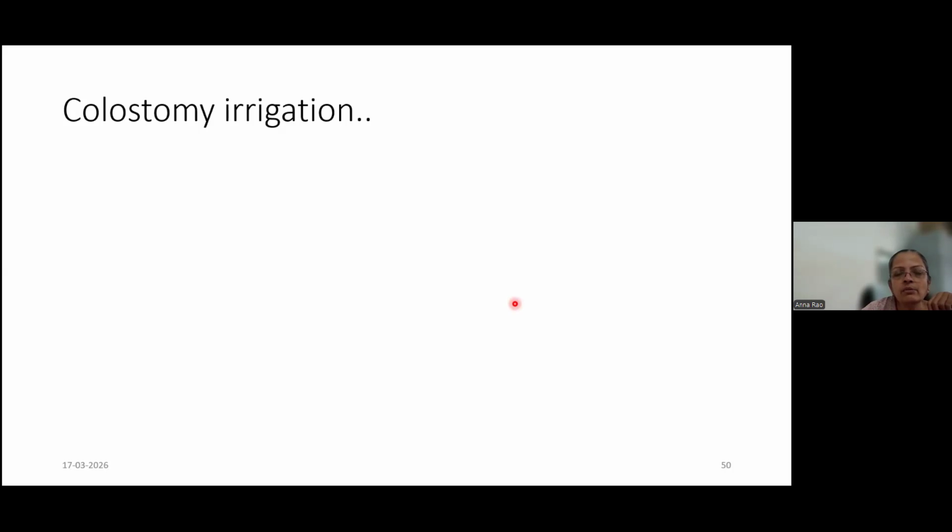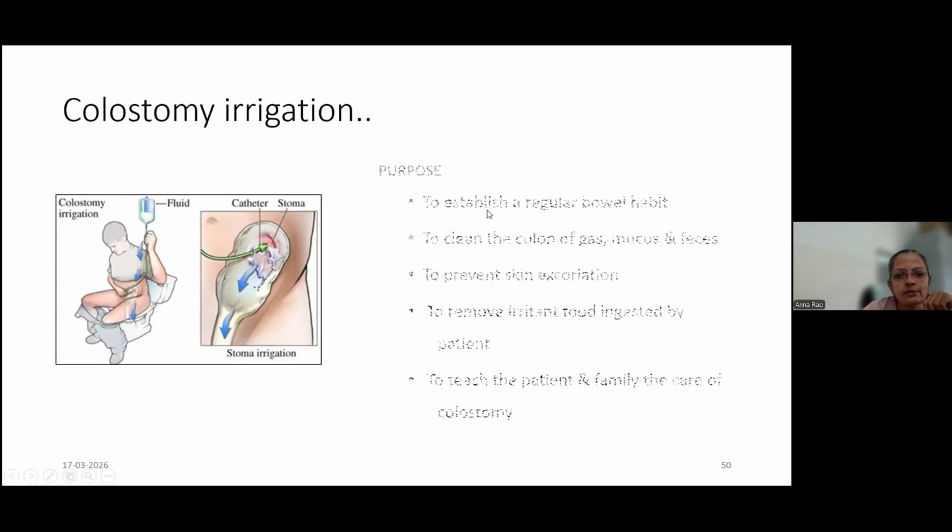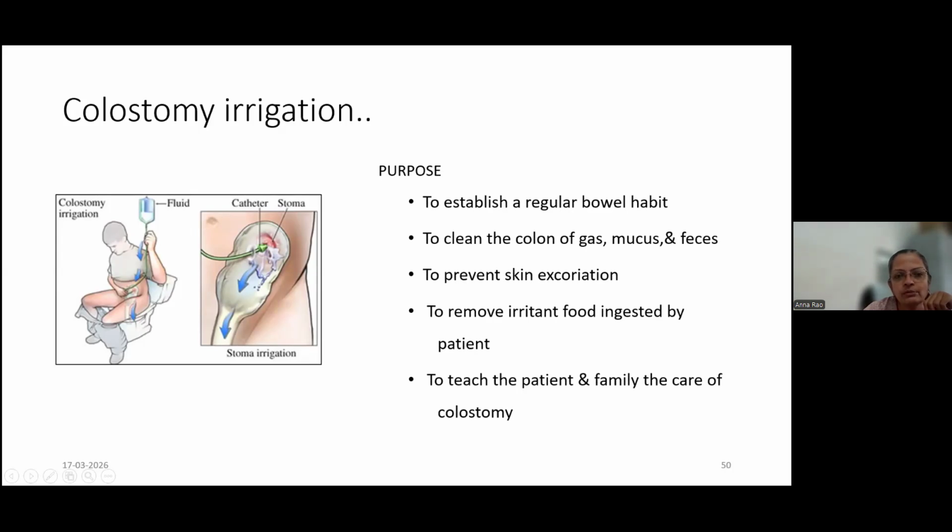If the person is going for a job, it becomes very easy. That's why irrigation is mostly advised. It will look like this. You can see the patient sitting on the chair, and fluid is there. So how can we do it?